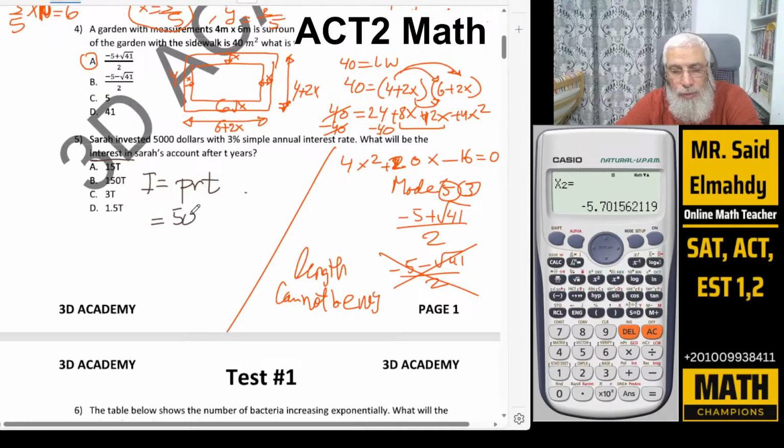P is principal, 5,000. R is the rate, 3%. T is the number of years. So 5,000 multiply 3%, 3 shift percent, equals 150T. So the answer is 150T.